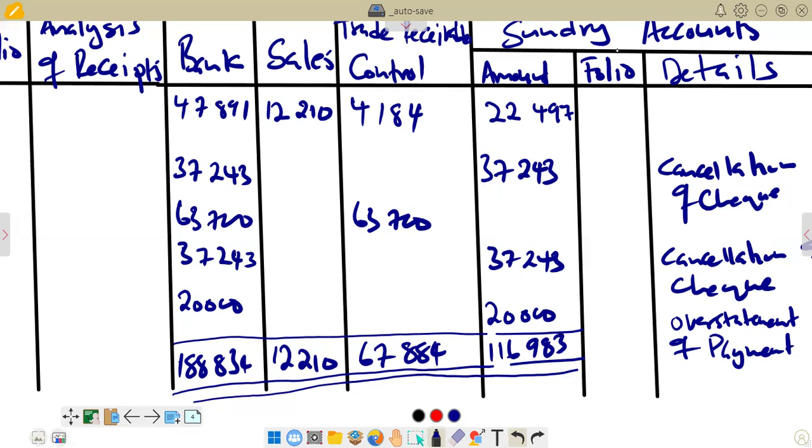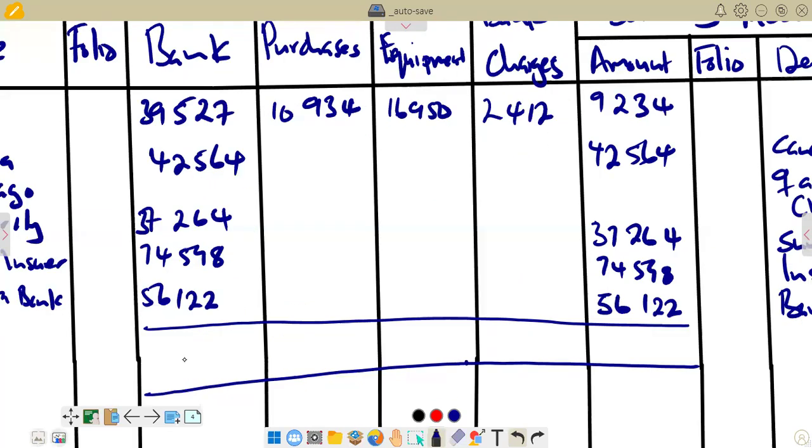Under the cash payment journal, again, we add the totals so that we close off the journal. Under payments, the total is 250,775. Under purchases, 10,934. Equipment, we've got 16,950. Bank charges, 58,534.